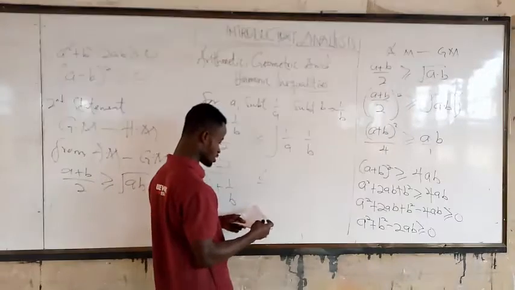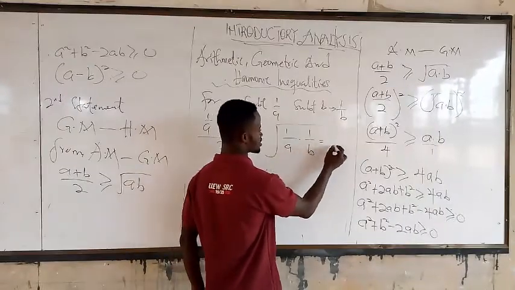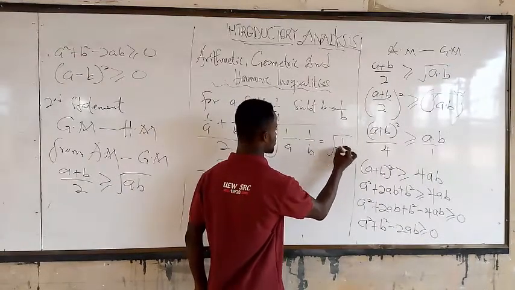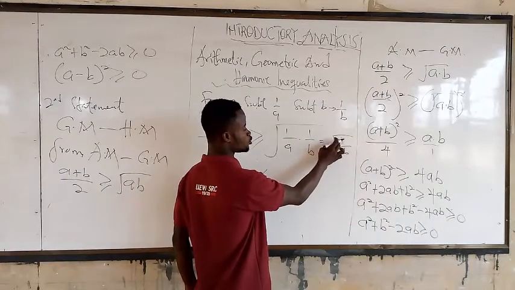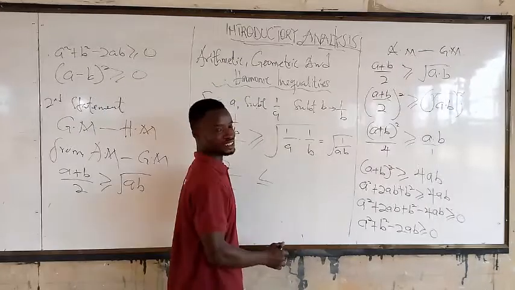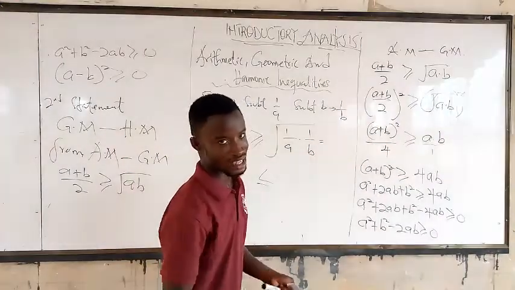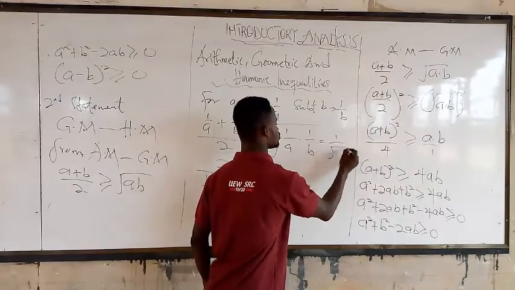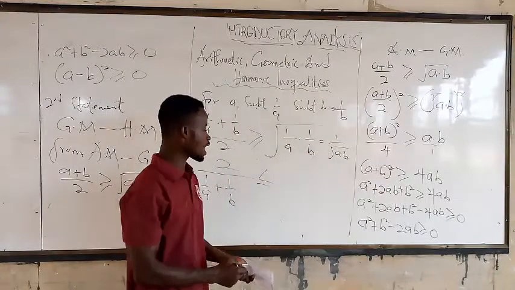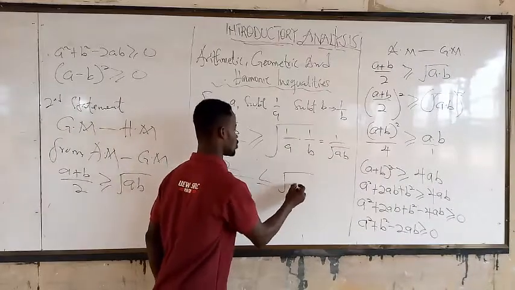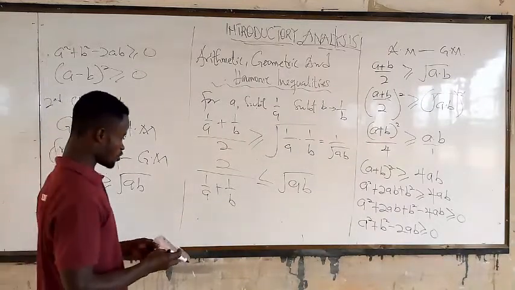When you take the reciprocal of this, it is the same as the square root of 1 over ab. The square root of 1 is 1, so we have 1 over the square root of ab, and when you take the reciprocal of this, you get the square root of ab. Beautiful, that is all we want to get.